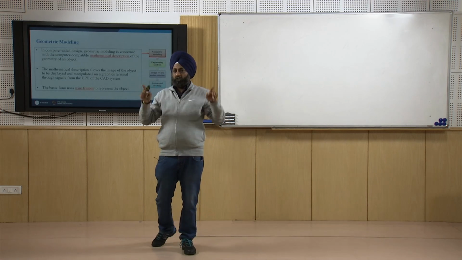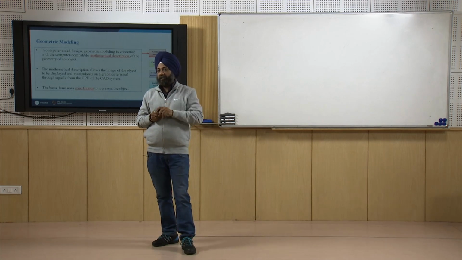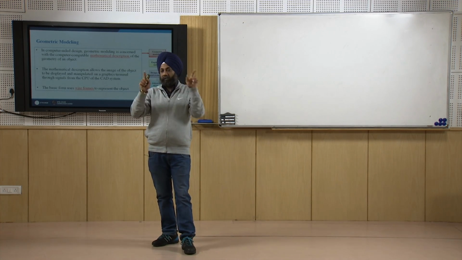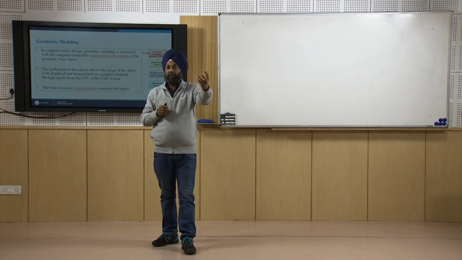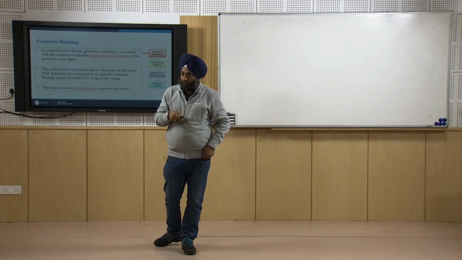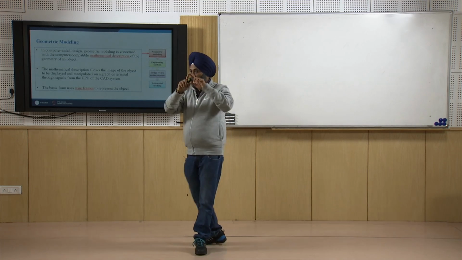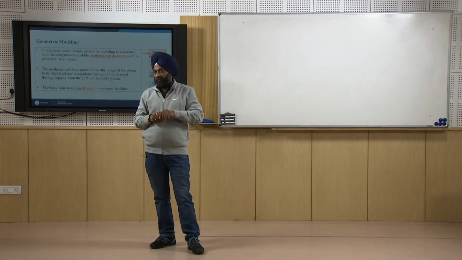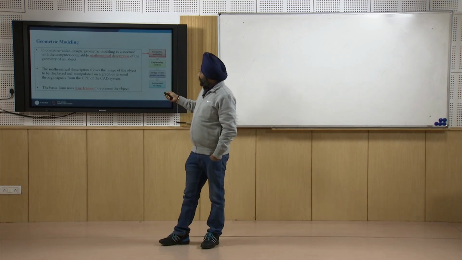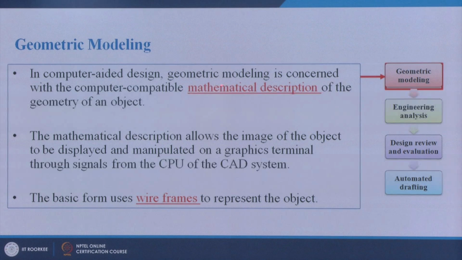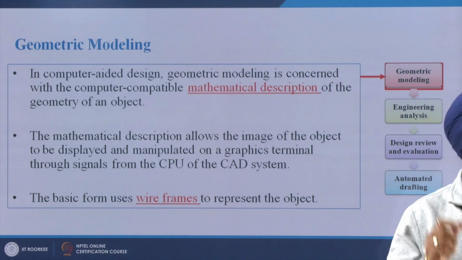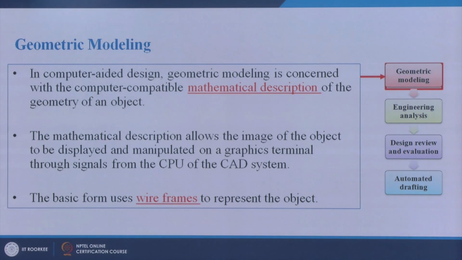Usually we see a picture, it is a square, there can be a circle inside. So how are this square and circle stored in the memory of the computer? They are saved as the mathematical description of that square and circle. So in CAD geometric modeling, a computer compatible mathematical description of the geometry of the object is saved inside the computer.